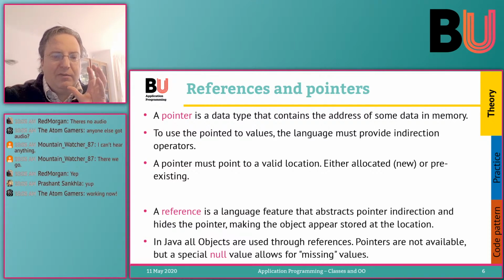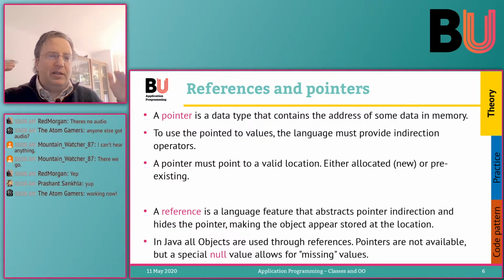So references and pointers allow you to say, okay, there's multiple names for the same value, for the same memory location in which that value has been defined. So there's multiple ways of pointing at that. Multiple attributes could hold the reference to the same object.